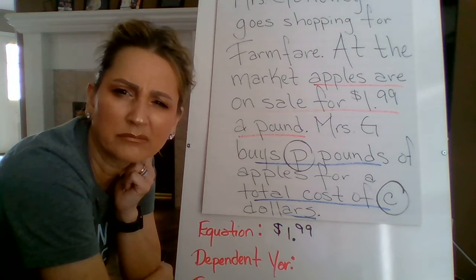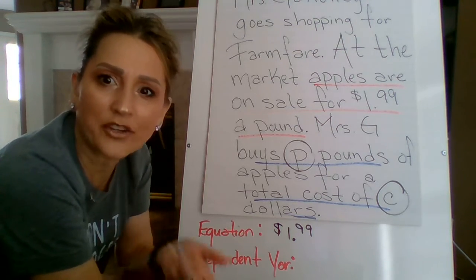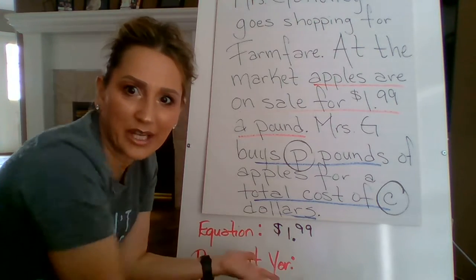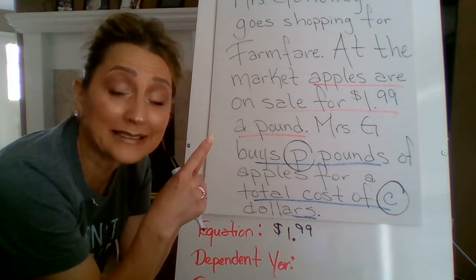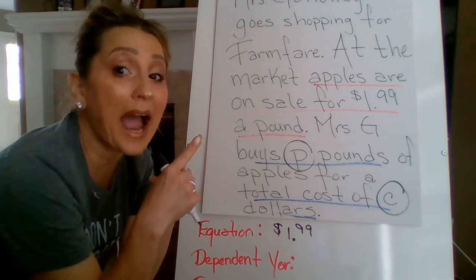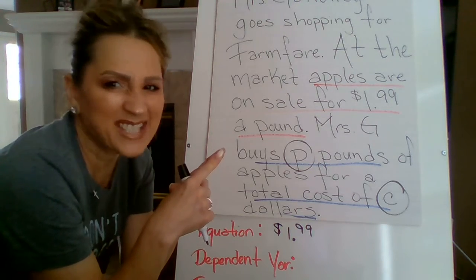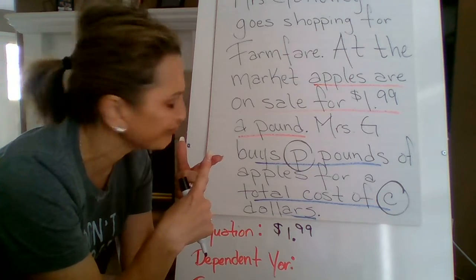Would I do that? Oh, probably not, because $1.99 plus 3, am I just adding the 3 to the 9? The pounds are not in the same unit of measurement as money. So what I want to do is find what mathematical operation I would use. Doesn't sound like adding would work. Do I want to subtract the pounds of apples?